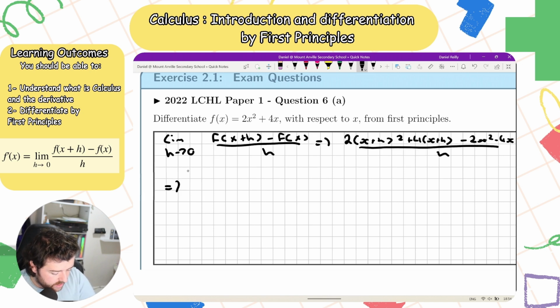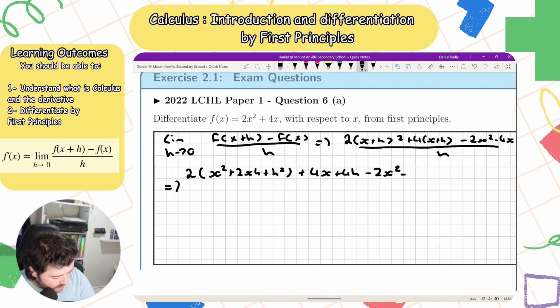That is going to be 2 times x squared plus 2xh plus h squared, multiplying this bracket out, plus 4x plus 4h minus 2x squared minus 4x, all over h.